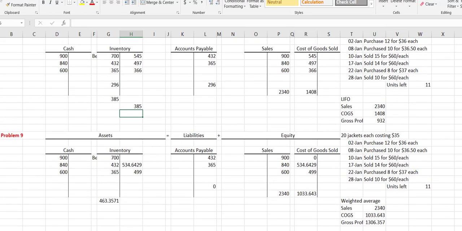All right. The hardest one is probably your weighted average, okay? Everything is the same. But what happens is we have this original balance. We purchased these 2. Those are debits to inventory, credits to accounts payable, just like they were.